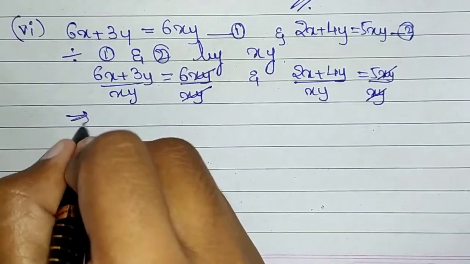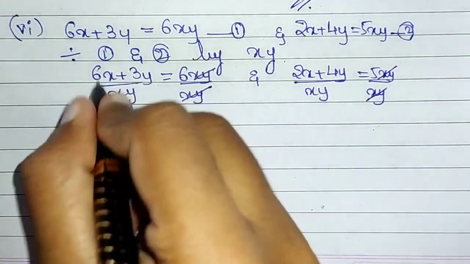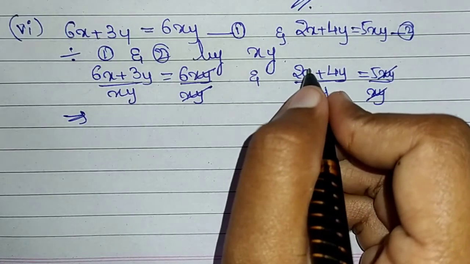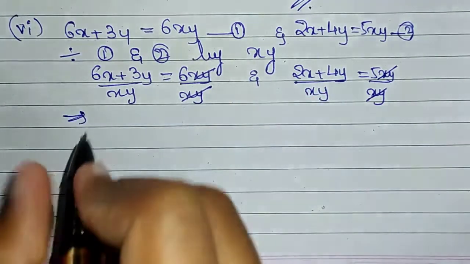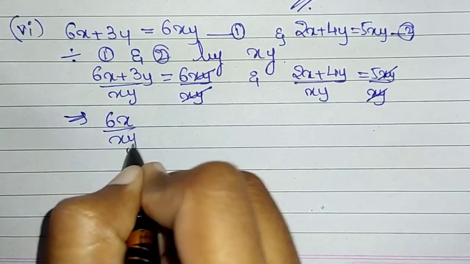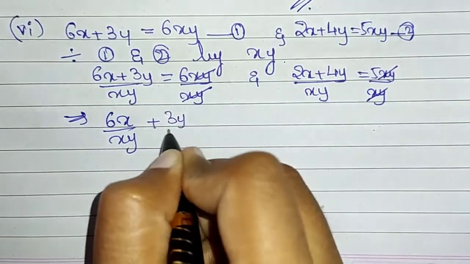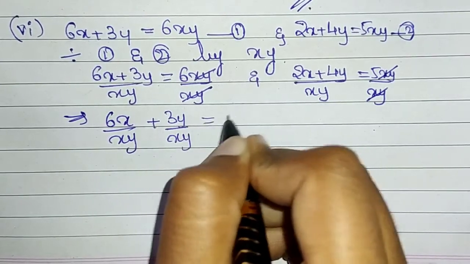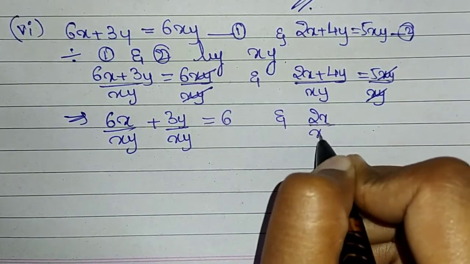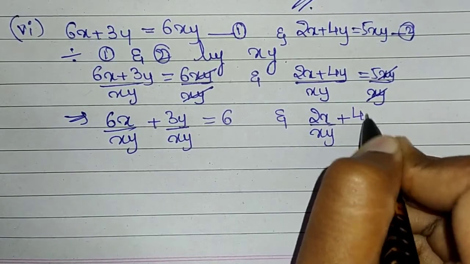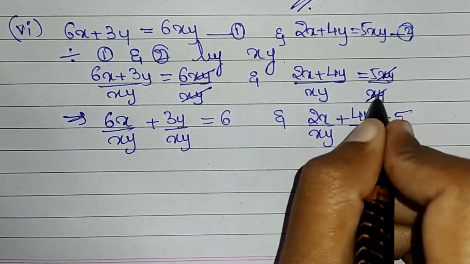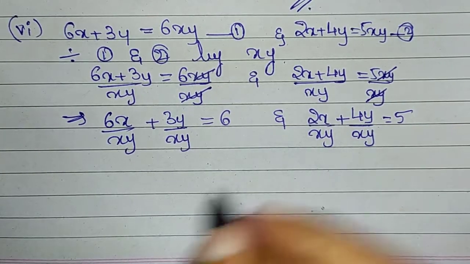You can see that the expression on the left hand side of each of these equations is just like what we encountered in sub question 5. So split the fraction into two parts. 6x by xy plus 3y by xy is equal to 6, and 2x by xy plus 4y by xy is equal to 5, because xy cancels each other.